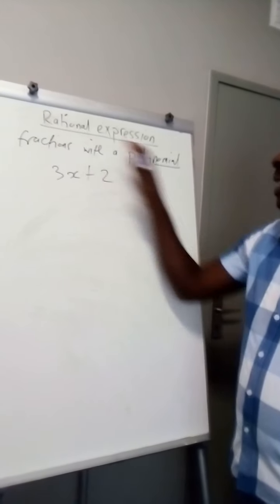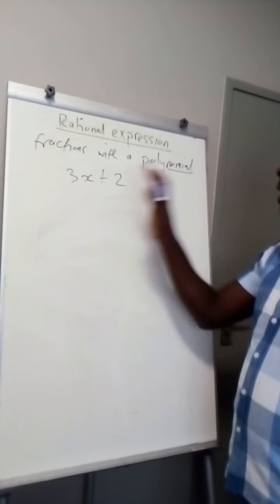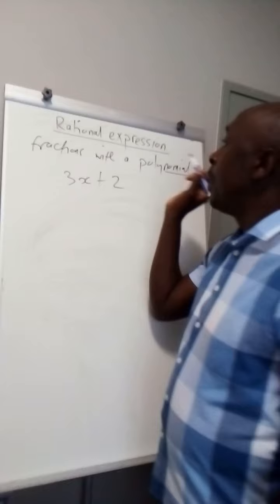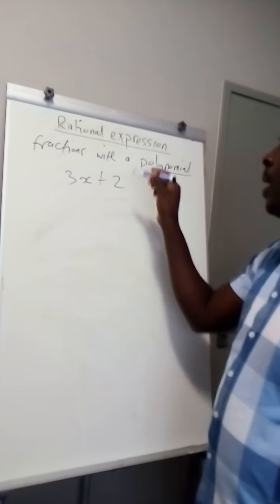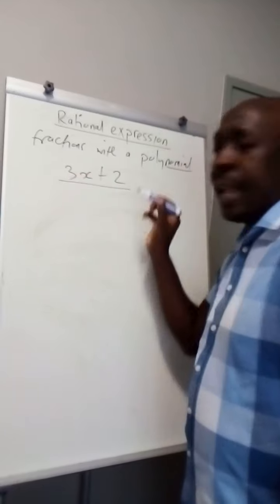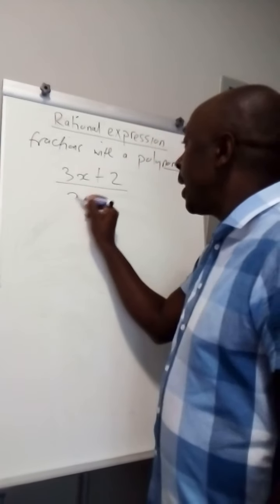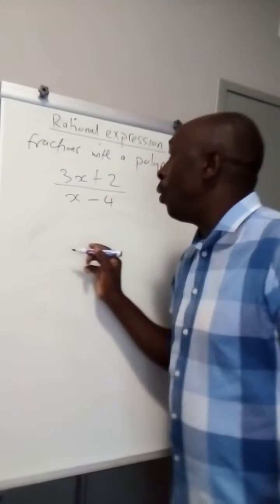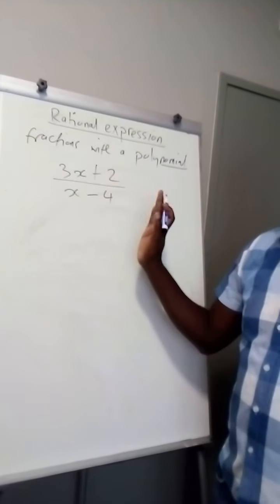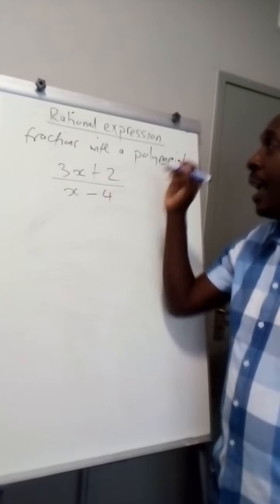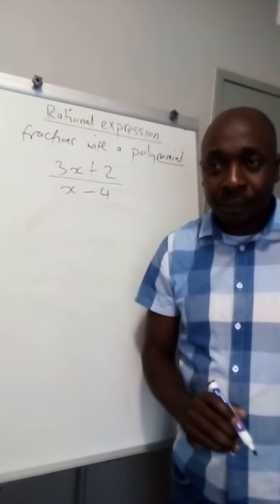So that's a polynomial. We are saying a rational expression is a fraction with a polynomial in the numerator and in the denominator as well. It's a fraction with many terms, both in the numerator and in the denominator.